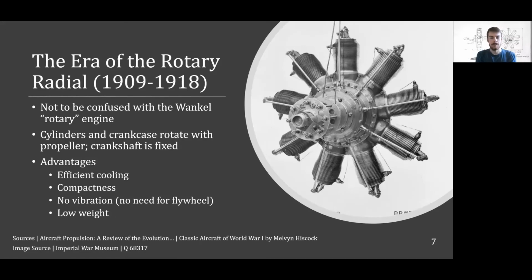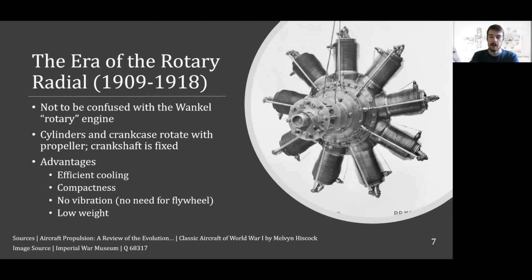Now I'd like to talk about a period of engines that are very interesting to me in particular. These are rotary engines. First, I should mention that these are not to be confused with the Wankel rotary engines that powered Mazda automobiles. These are much different. On first glance, they appear to be a radial engine due to the configuration of the cylinders.